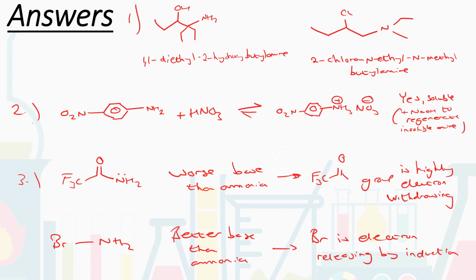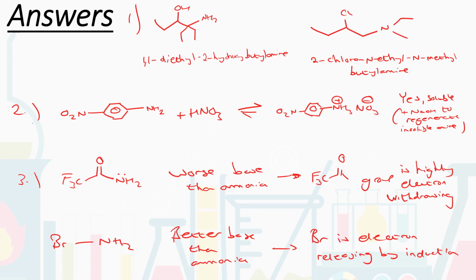That's also very electron withdrawing as well. So essentially what we're looking for is, well, that carbon that's directly attached to the NH2, that's very delta positive. We've got two very electron withdrawing groups attached to it. That's going to want to attract the electron density from the NH2, the lone pair from the NH2. And so like when we had our phenylamines, it takes away electron density from the NH2 group. So this would actually be a worse base than ammonia.